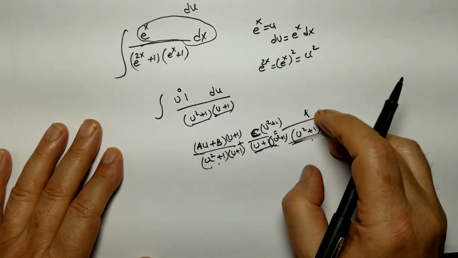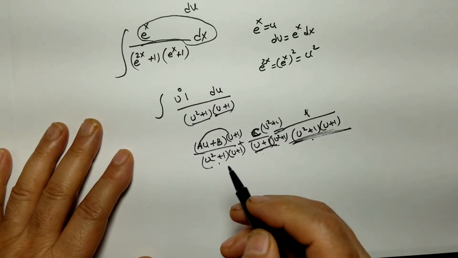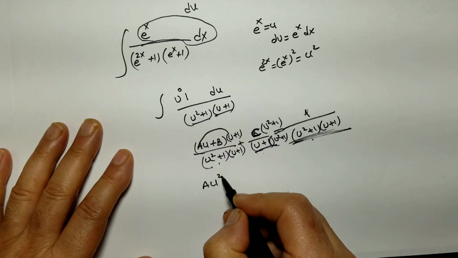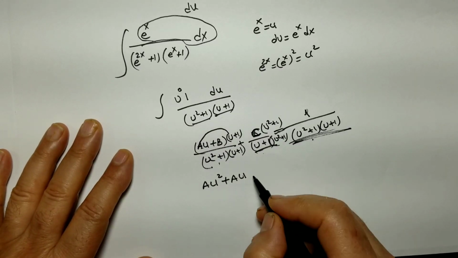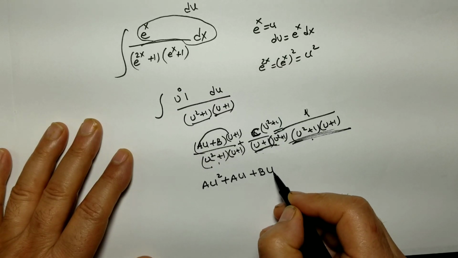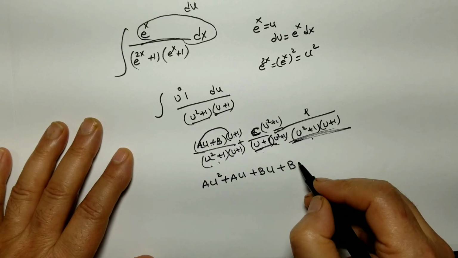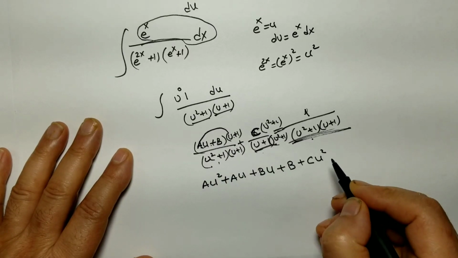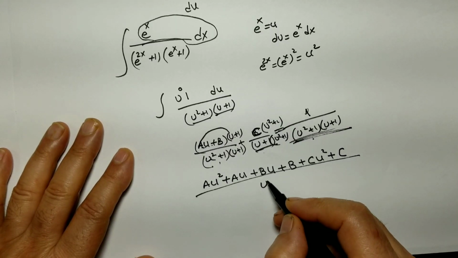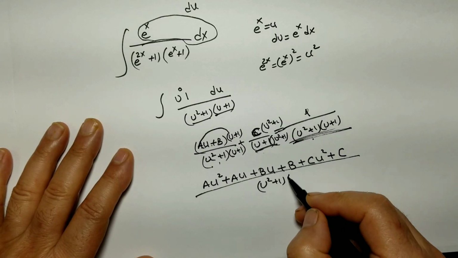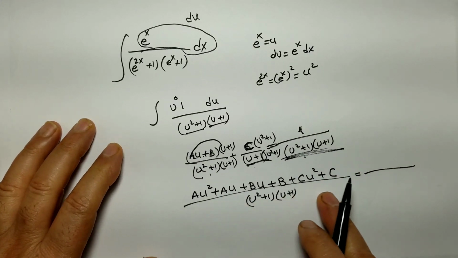If I'm missing something, I'm going to add it in the future. This becomes A u squared plus A u plus B u plus B, I use FOIL, plus C u squared plus C, all over u squared plus 1 times quantity u plus 1, equal to. The highest power is 2.